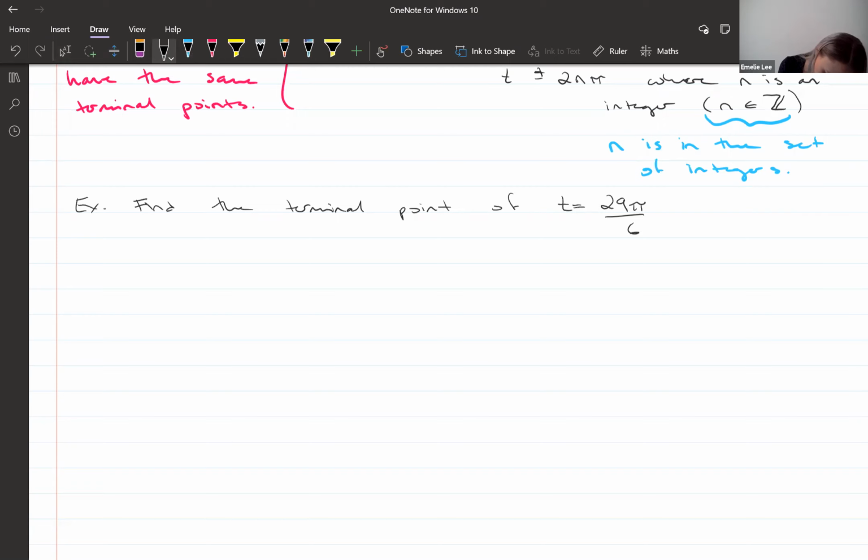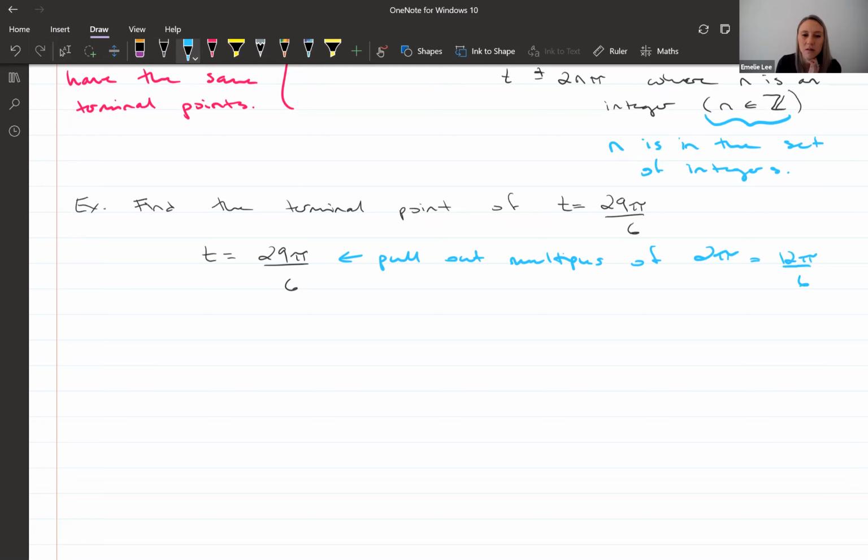So here, I'll just write it as t equals 29 pi over 6. Pull out multiples of 2 pi. Okay. 2 pi over 6 is really going to be 12 pi over 6, right? So you want to match this value here.